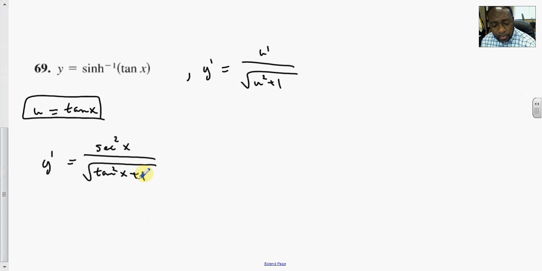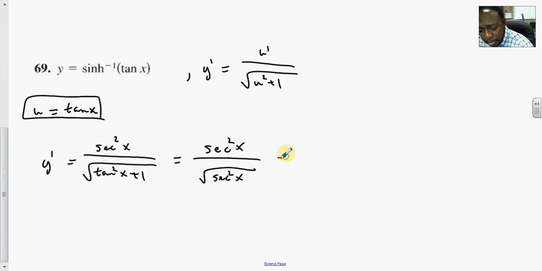Well, tangent squared x plus 1 is secant squared, so this is secant squared x divided by the square root of secant squared x. So this is secant squared x divided by the absolute value of secant x by definition.